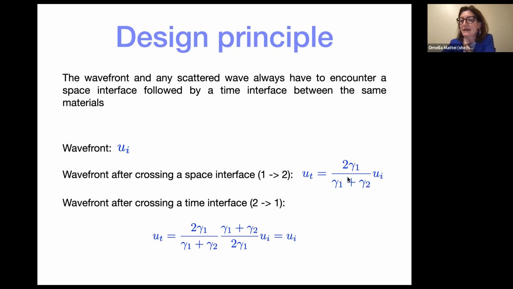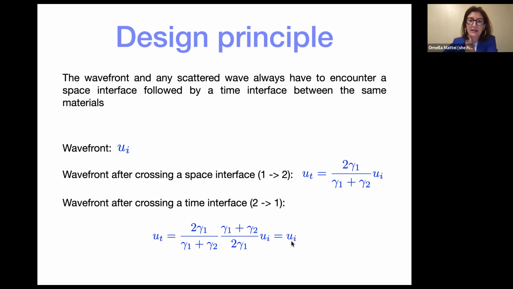And that's going to depend on the difference of the wave impedances. Now, if the wave that is now in material 2 crosses a time interface between material 2 and material 1, and I compute the amplitude after this crossing by applying the transmission condition at the time interface, I'll see that what I get back is exactly the amplitude of the initial pulse.